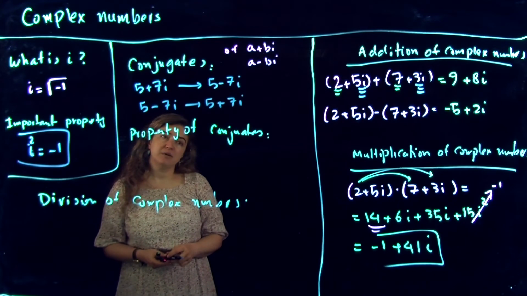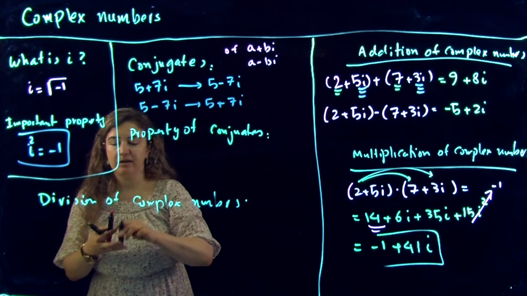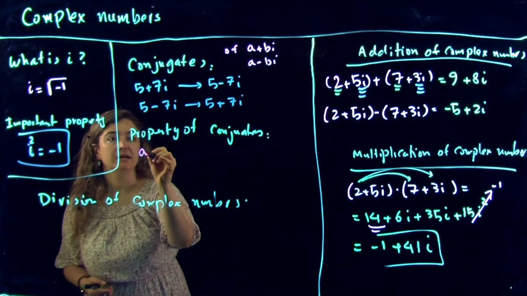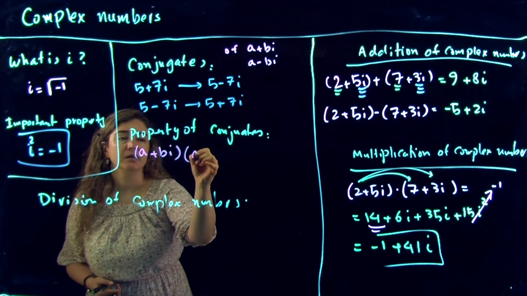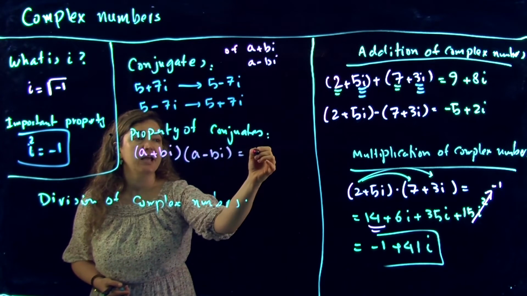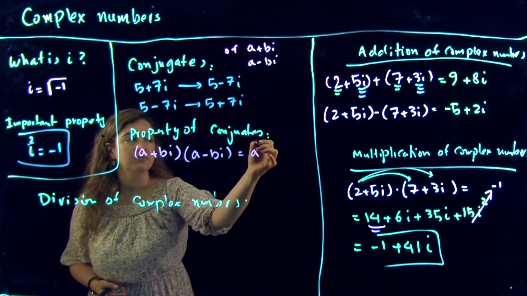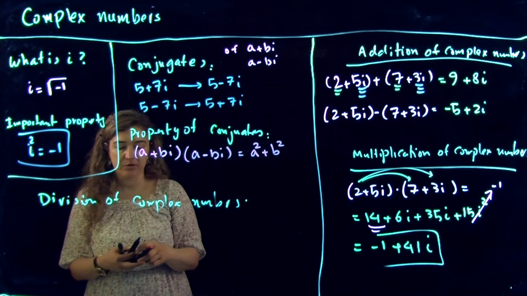Now, what is the property of conjugates? If I have a plus bi, and I multiply it by its conjugate, then what I end up with is the real part to the power 2 plus the imaginary part to the power 2.